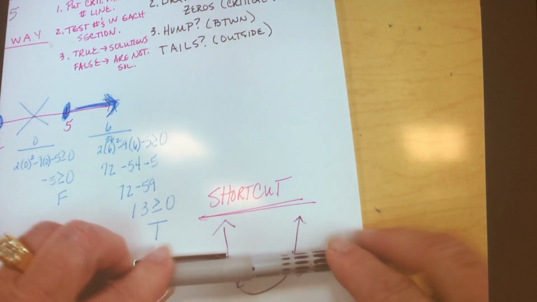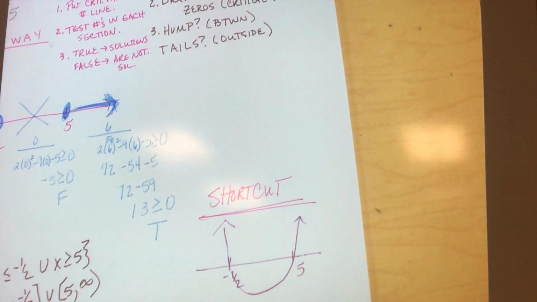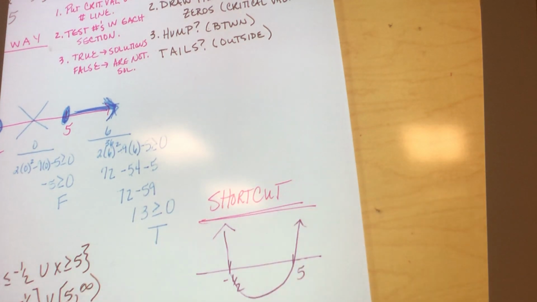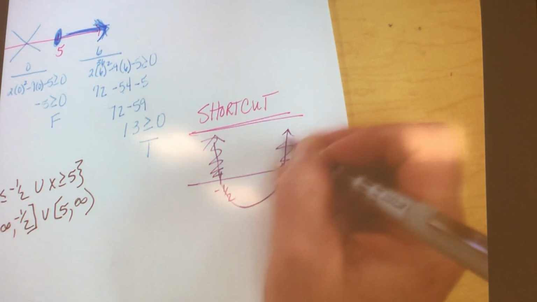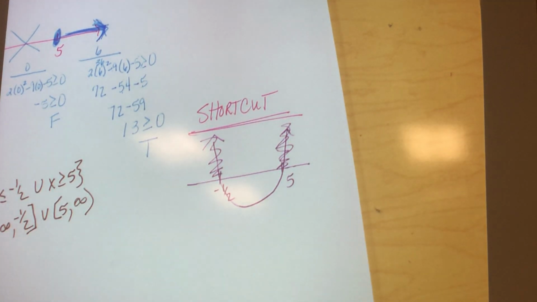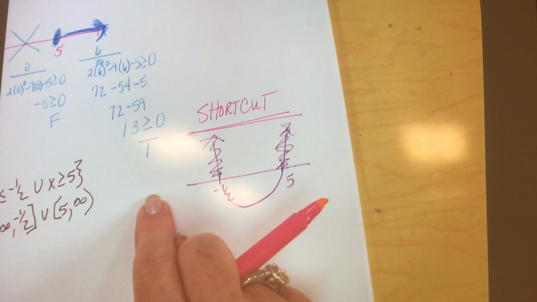Y'all, this is 0. Greater than is where? Above or below? Above. So what is above? Is it the hump or the tails? I want the tails. The tails is what? The outside. Y'all, where are the x's that give you these tails? They're out here.